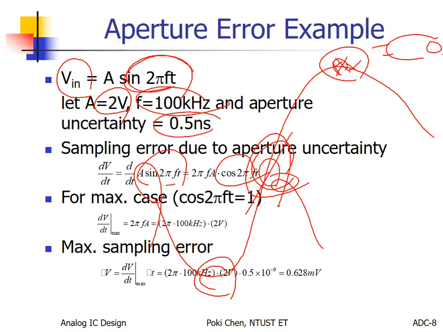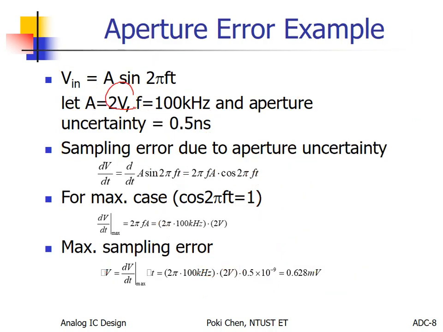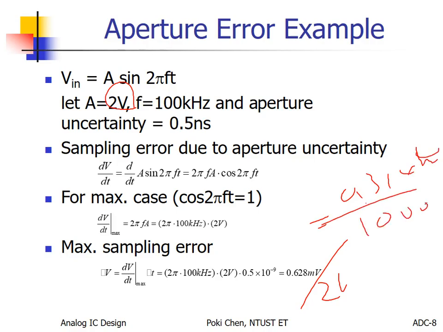Then after some very simple, very easy calculation, you will get this: the maximum deviation for the sampled voltage. And what does it mean? Because the input is 2 volts, if you divide it by 2 volts, you will get millivolt, right? Milli means 1000. So overall, I guess it's around.